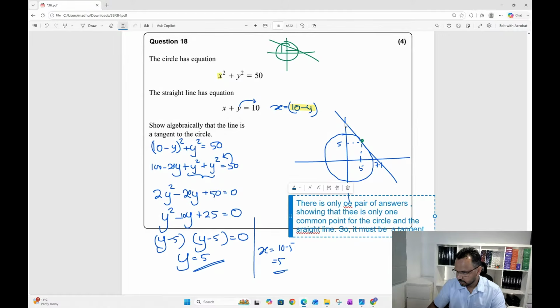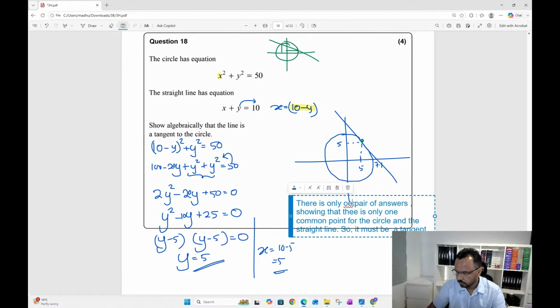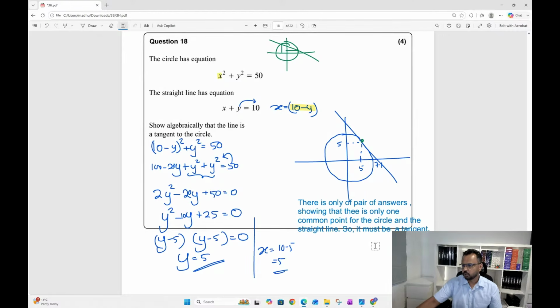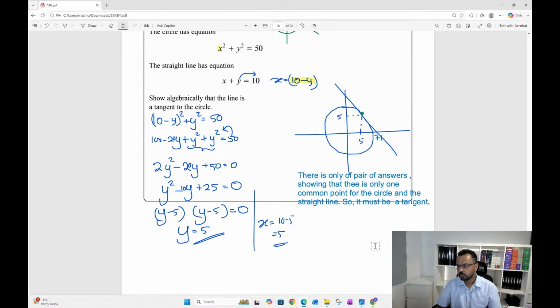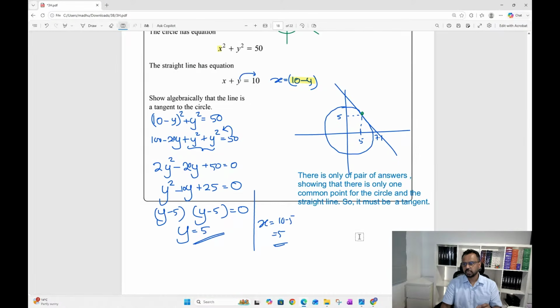I'll fix the spelling things, guys. Right, you can write something like that. So there is only one pair of answers showing that there is only one common point for the circle and the straight line, so it must be a tangent. How is that? Thumbs up if you understand it.